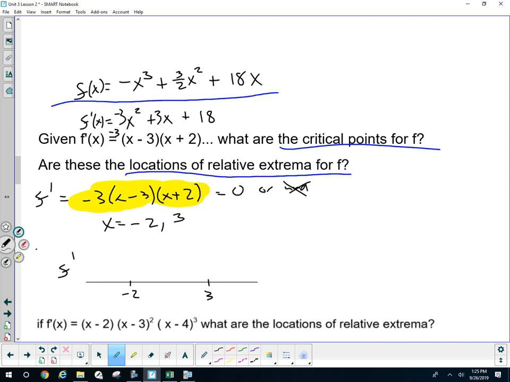If I'm able to determine the signs of f prime, I will be able to tell if negative 2 or 3 are maxes or mins.